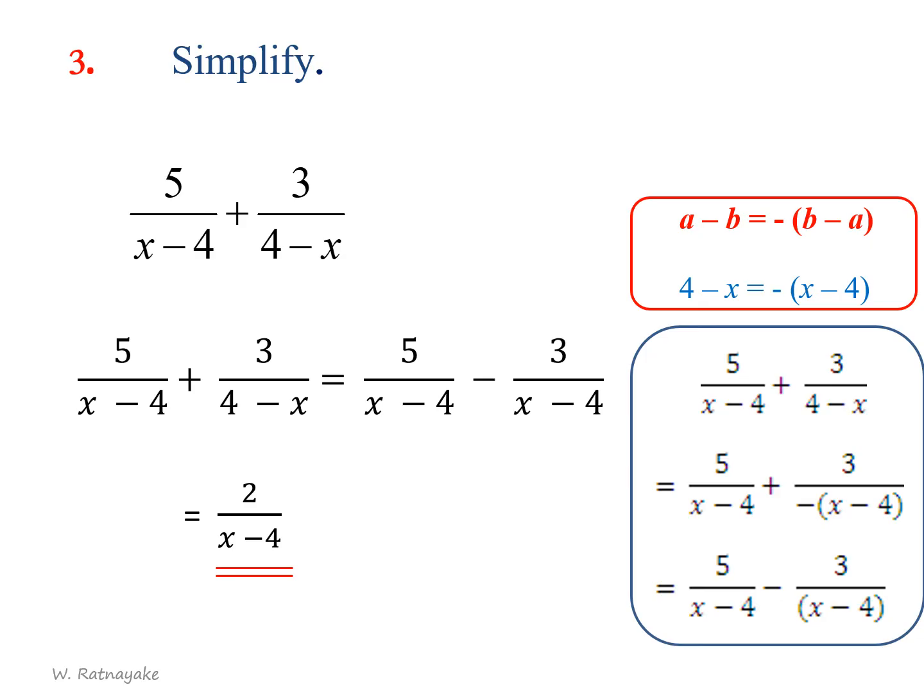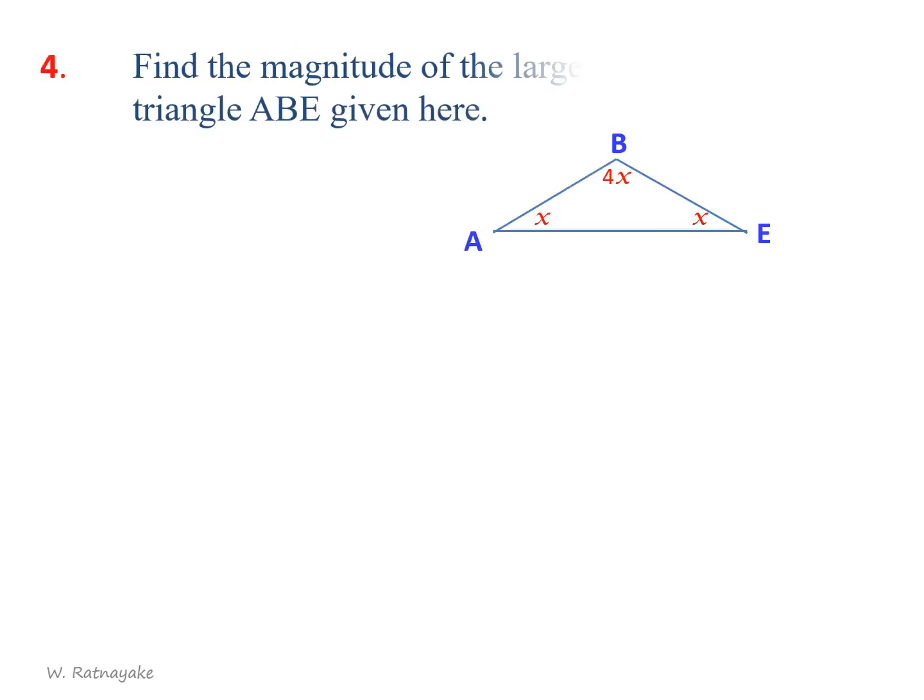Okay, now we will go to question number 4. A diagram is given, a triangle ABC, with interior angles given in symbolic form, 4x, x and x. We have to find the magnitude of the largest angle of the triangle ABC.